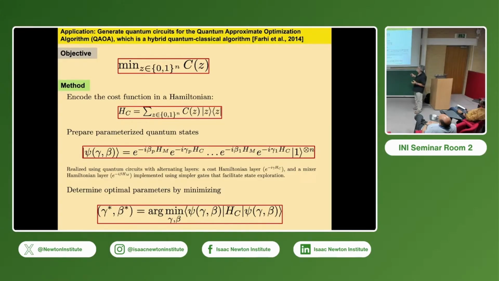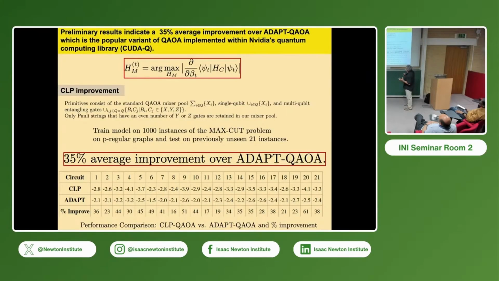The idea is that you have an objective that is classical, you encode it into a quantum Hamiltonian, and you try to minimize the quantum Hamiltonian. I will not go into the details. I don't want to bore you to death with this. The only point that I will try to make is that you can actually implement this framework here, and if you do, you get a 35% average improvement over ADAPT-QAOA, which is the popular variant of QAOA implemented within NVIDIA's quantum computing library. So it kind of works.